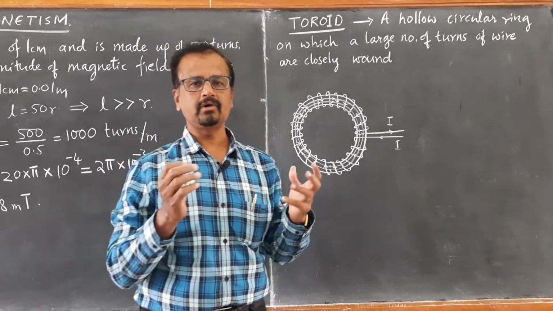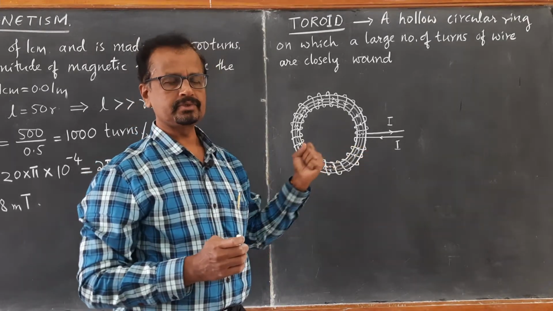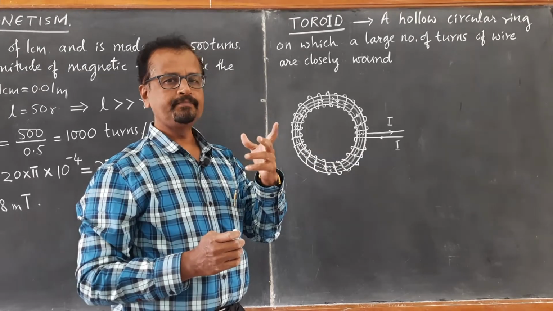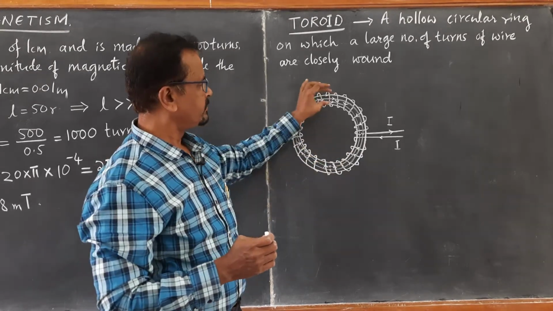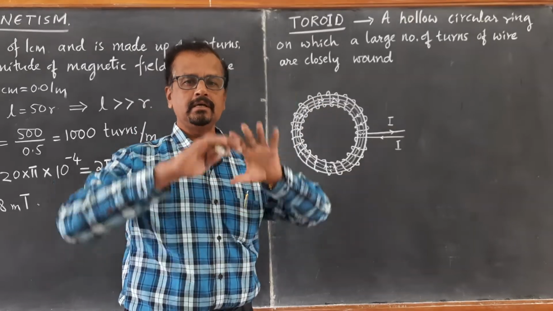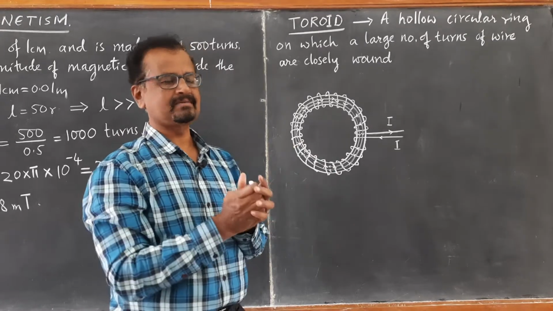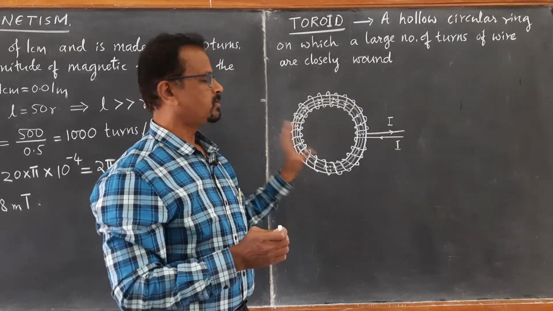It is called a synchrotron. So there the toroid is being used. Wherever you require the confinement of magnetic field within this space, where you need a circular magnetic field and circular magnetic flux, magnetic field lines, there the toroid is being used.